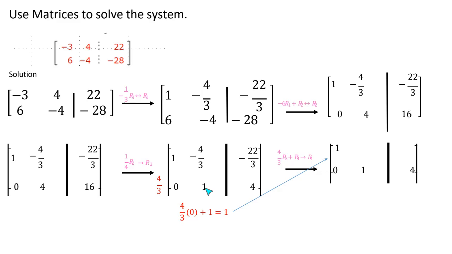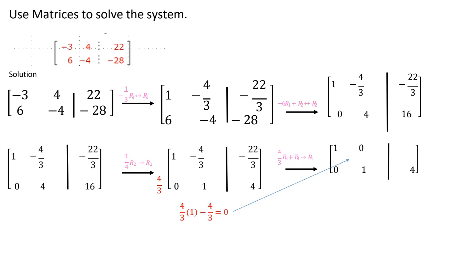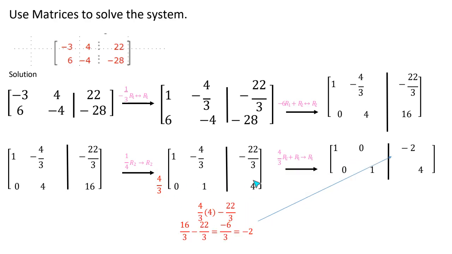4/3 times 1 is 4/3, plus negative 4/3 is going to be 0. Okay, so 4/3 times 1 is 4/3, minus 4/3 is 0. And then the last one, 4/3 times 4 is 16/3, and then minus 22/3 gives us negative 6/3, which is negative 2.